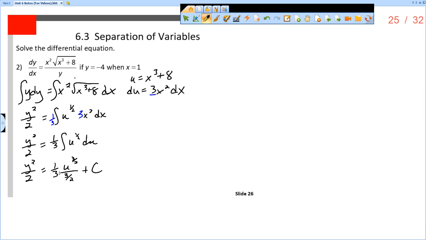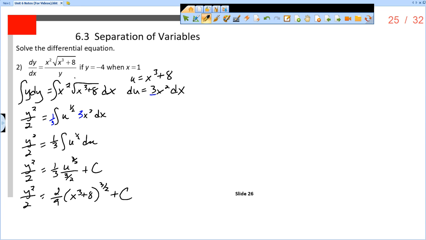Now u to the 3/2 over 3/2 is like multiplying by 2/3, so this really becomes 2/9 u to the 3/2, and u is x cubed plus 8, to the 3/2, and then of course plus c.